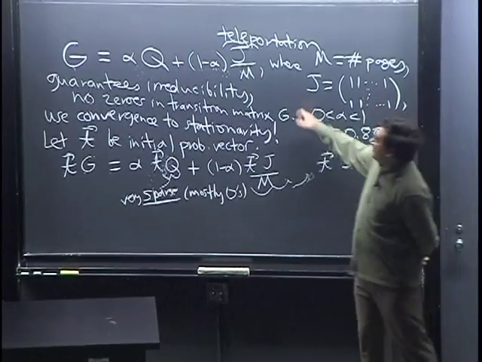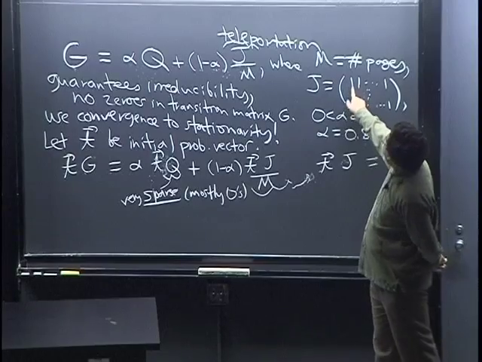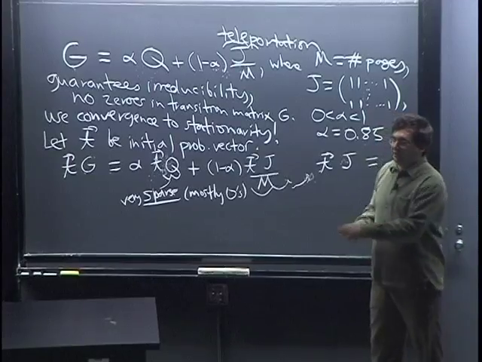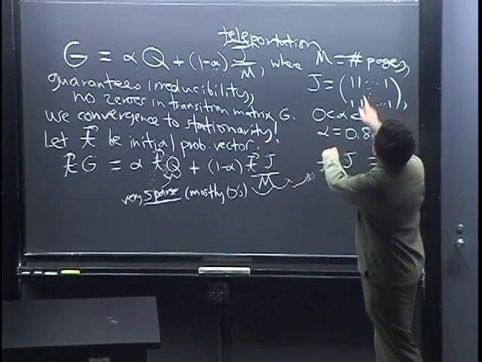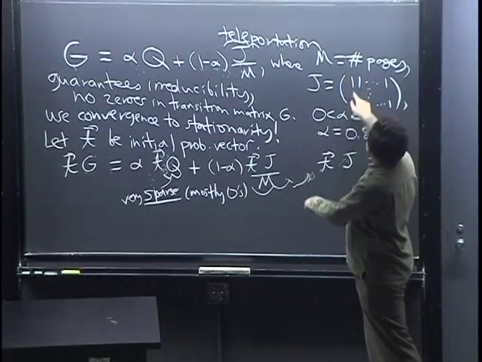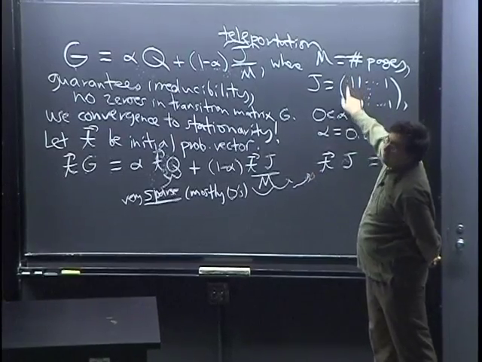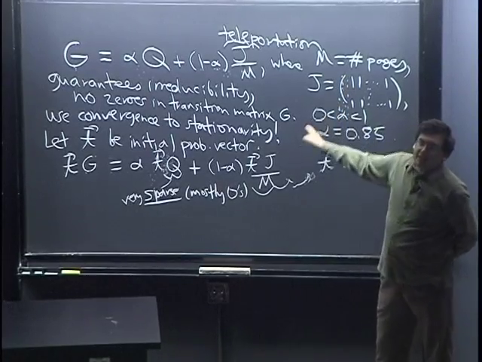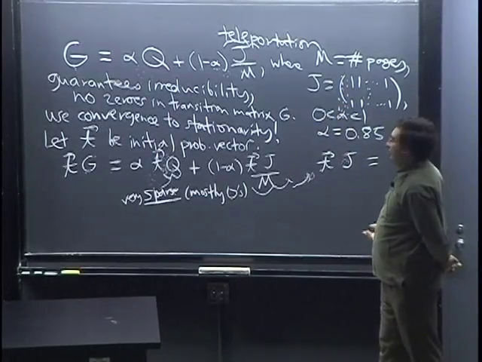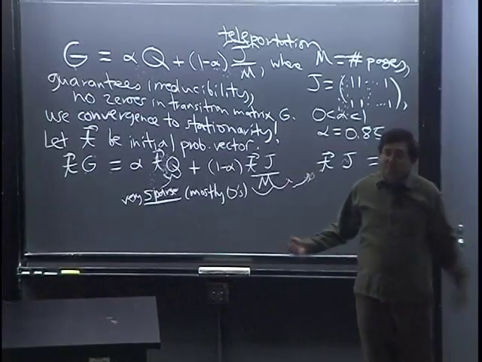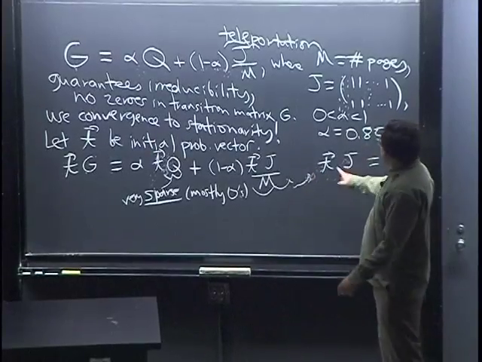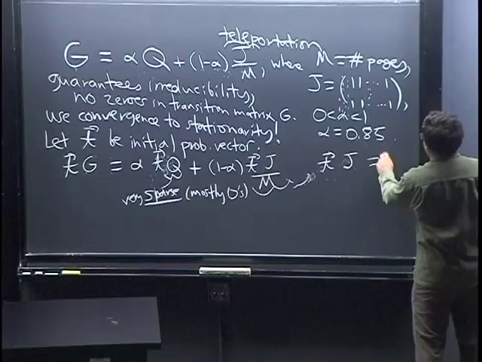So I'm going to take this vector t and multiply by J, just matrix multiplication. t is a row vector, so you're going row, dot it with a column. You do a dot product with all ones that just says add up the entries of t. Well, if you add up the entries of t, you get 1, right? Because t is a probability vector. So t times J is just all ones.